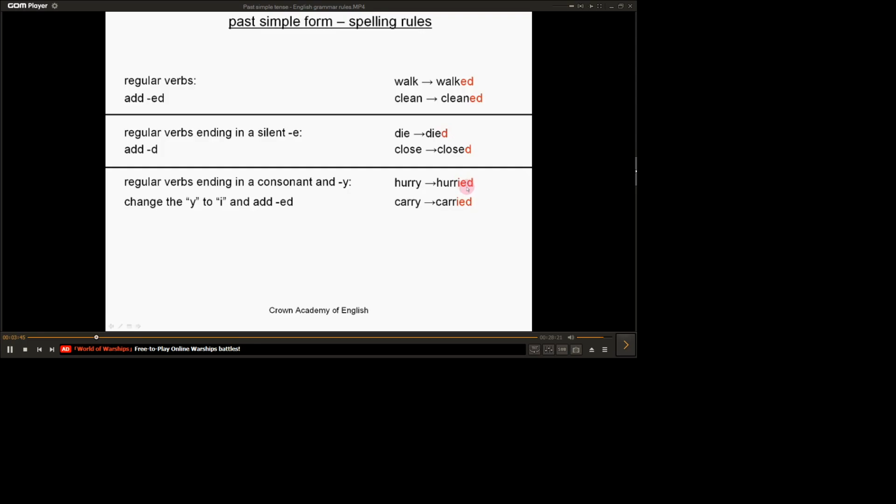And for other regular verbs which end in a vowel and then the letter Y, we simply add ed. It is just like a regular verb. For example, stay, stayed. Play, played.